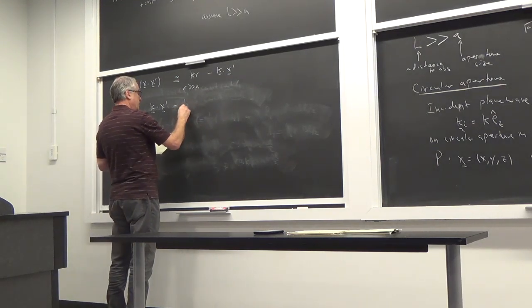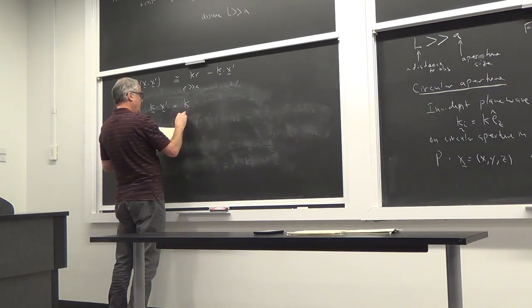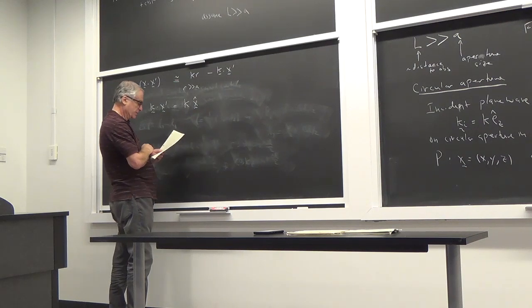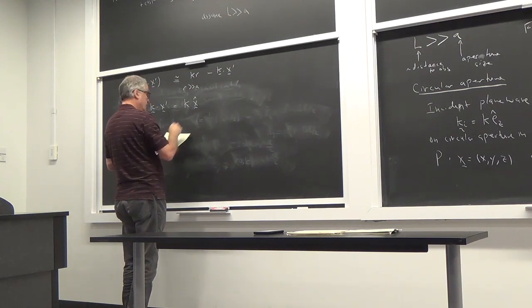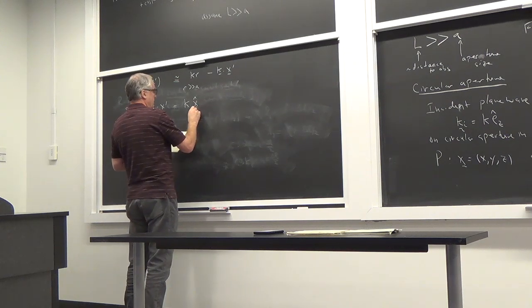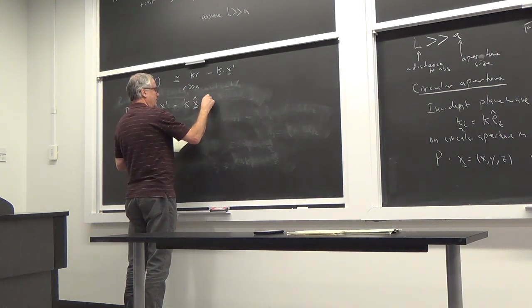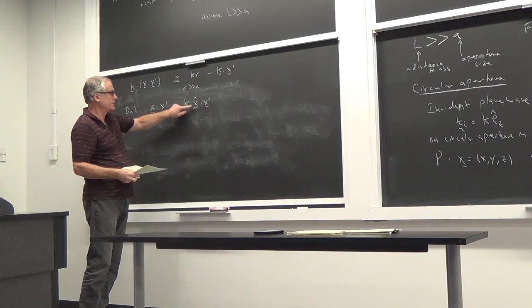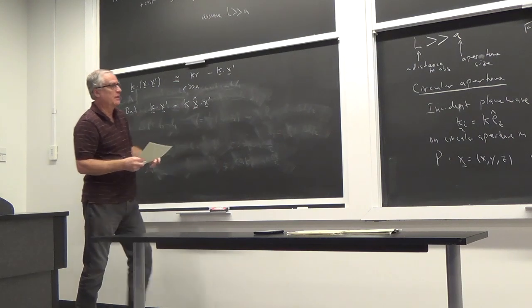Let's call that k, magnitude of k, times the direction of the observation point, which is just x. So put an x hat on it. I don't know how to do this notation. So this isn't the basis vector in the x direction. This is a unit vector.